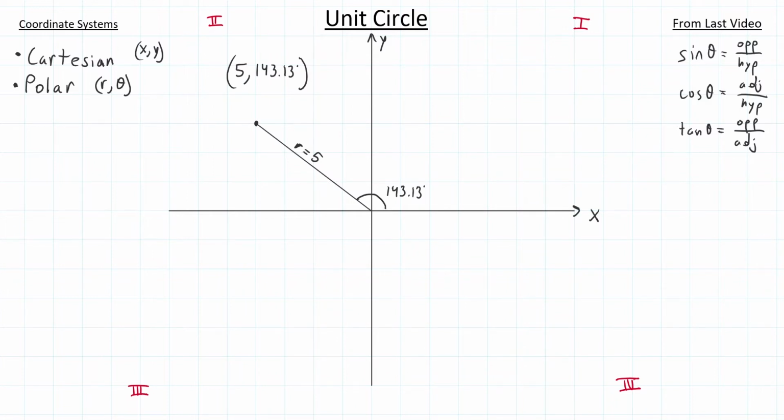And just as another example, check out that point in quadrant 2. Its r is 5, again it's this length here, and its angle is 143.13, and again, how you measure that theta, that angular position, is counterclockwise from the positive x-axis.